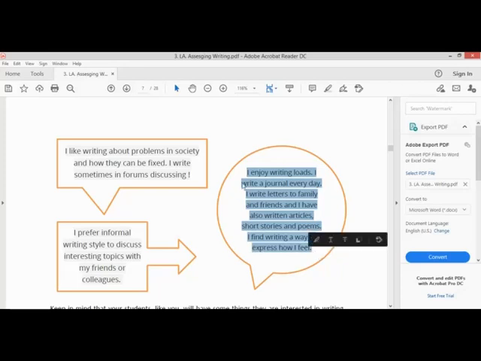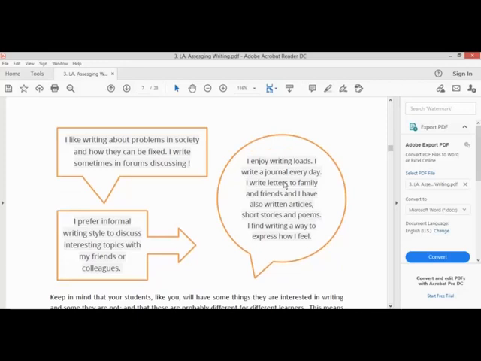You do not need to write this. This is only the mindset of a writer. So you need to understand the mindset to indicate your purpose and your target audience.